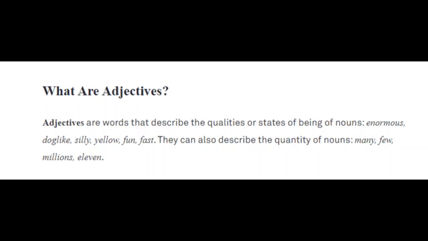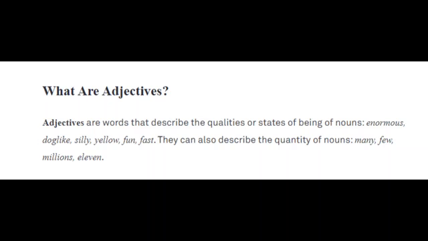For example, enormous, which means very big. Dog-like means like a dog. Silly means a type of foolish. Yellow, name of a color. Fun, actually should be funny. Fast, that means how the person is related with speed.